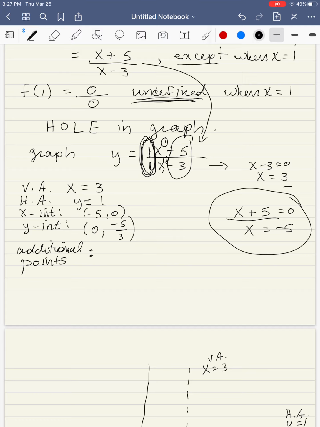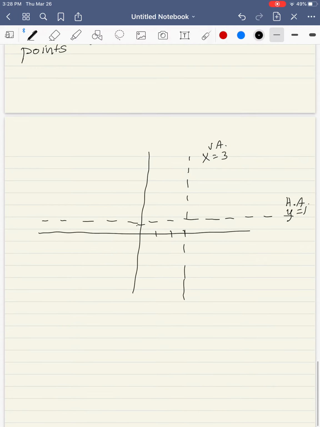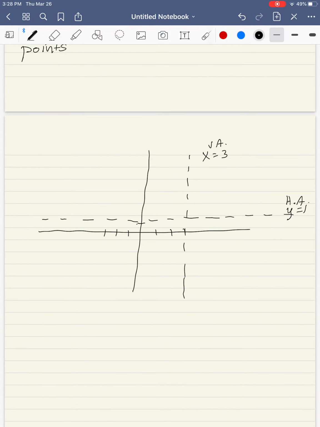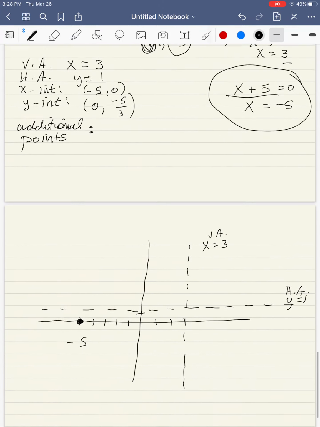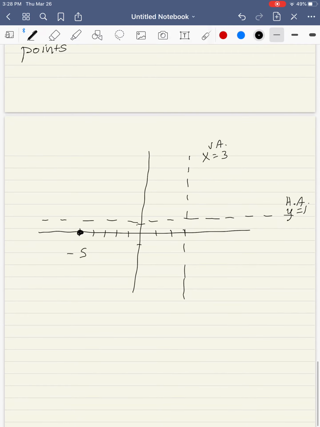So that was my x-intercept. And my y-intercept was 0, -5/3. -5/3 is -1 2/3, so about right there. And I have those 2 points.